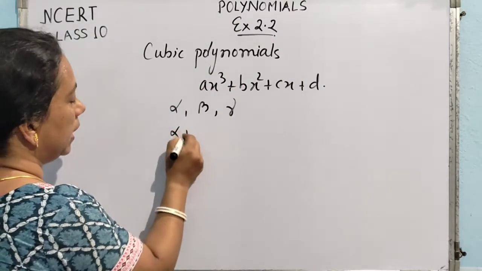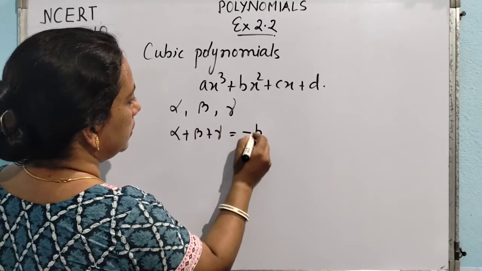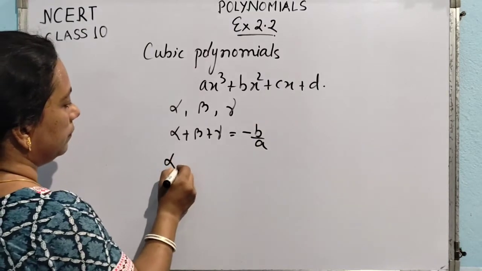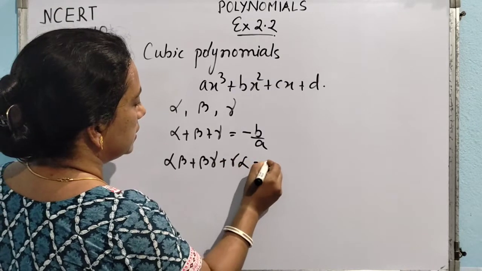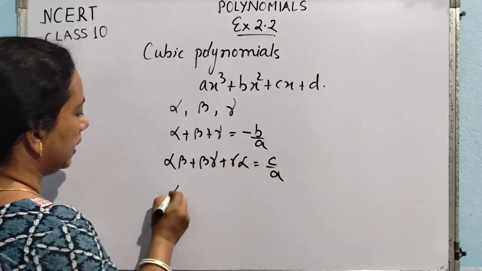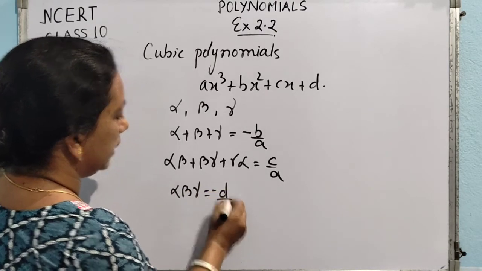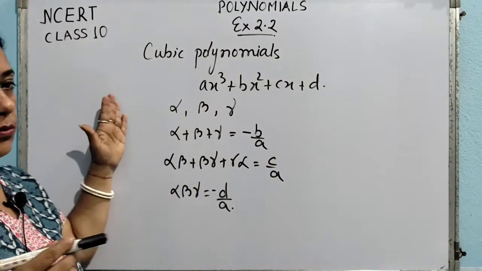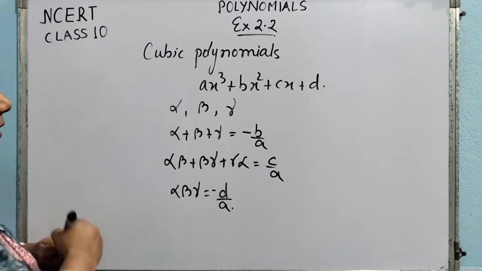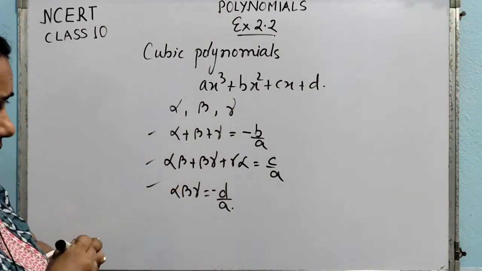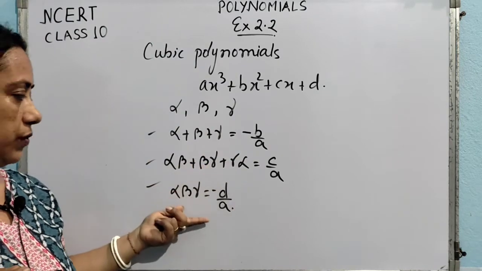It will be alpha plus beta plus gamma is equal to minus b by a. Alpha beta plus beta gamma plus gamma alpha is equal to c by a, and alpha beta gamma is equal to minus d by a. So you need to keep this in mind also. In case of cubic polynomials, these 3 give you the relation between the coefficients and the zeros of the polynomial.